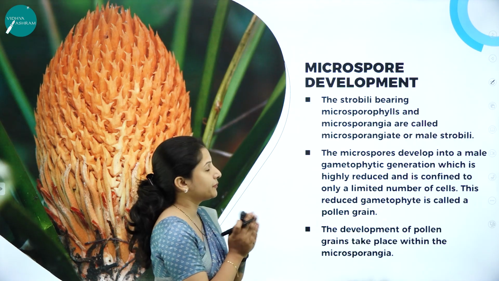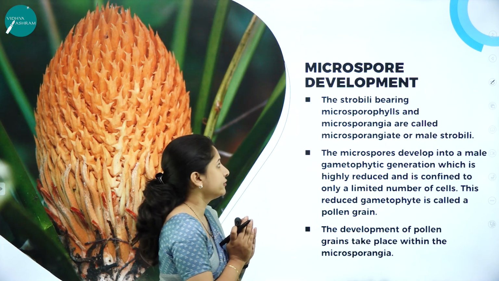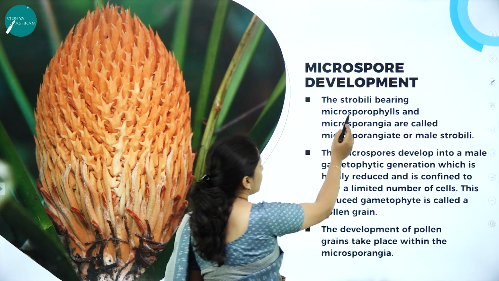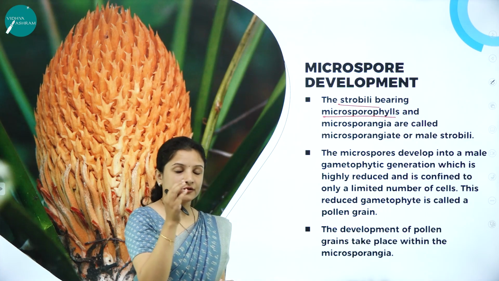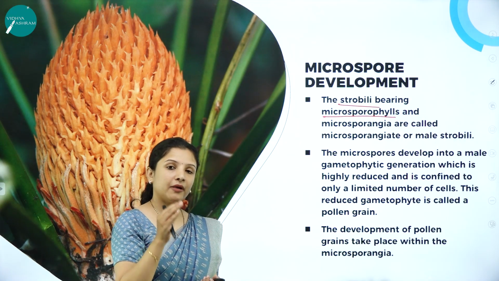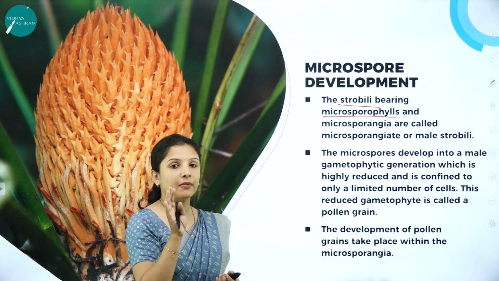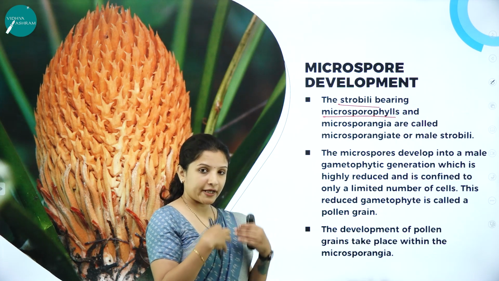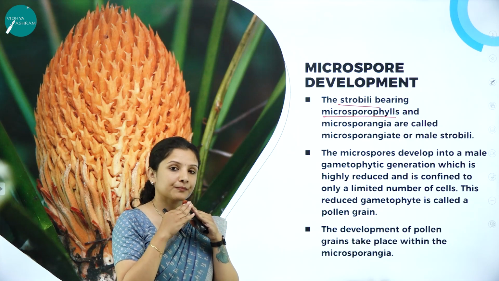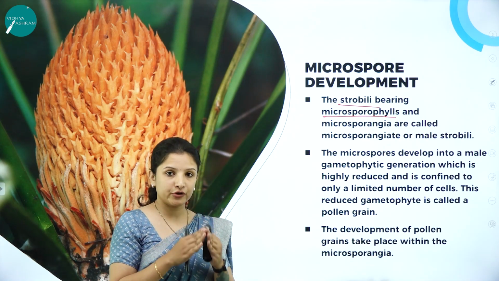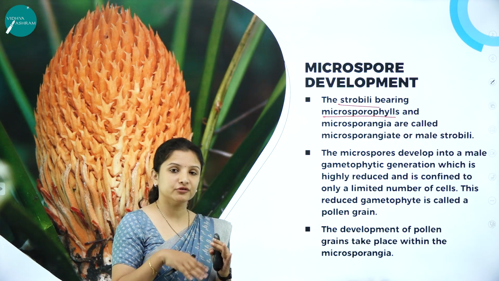Now what happens to the microspore and the megaspore? Let's look into it. The strobili bearing the microsporophylls: that part of the strobili that bears the microspores is present in microsporophylls. Microsporophylls form compact structures to produce a male cone, or male strobili, that produces microspores.